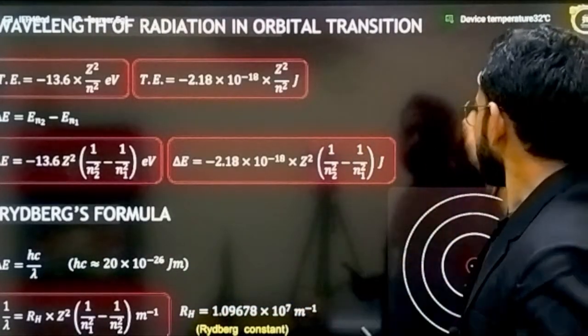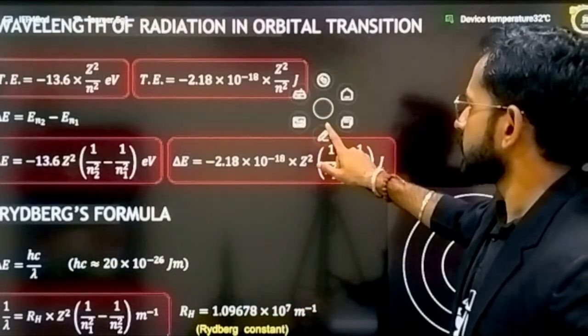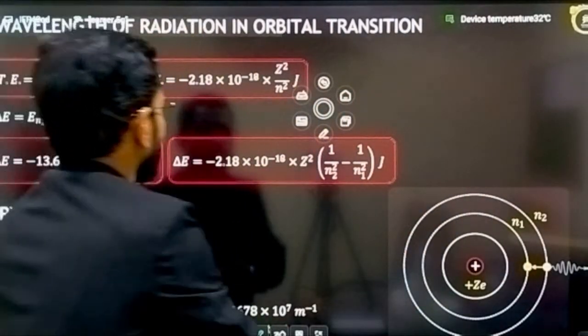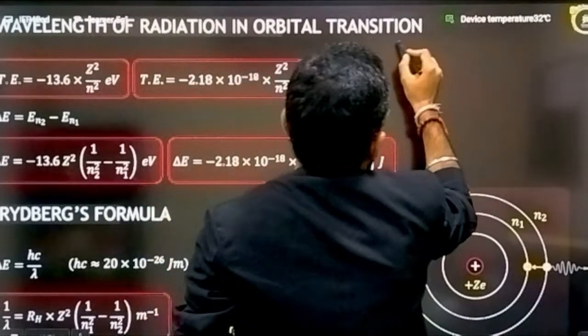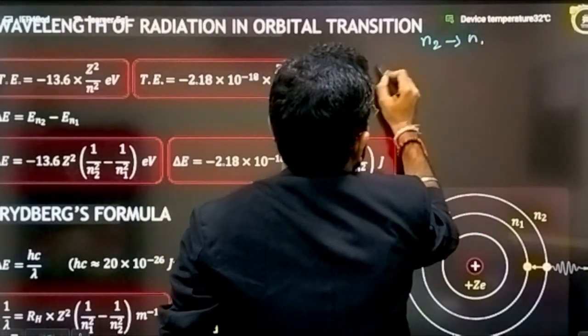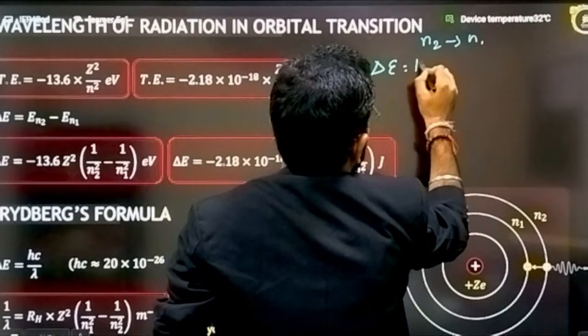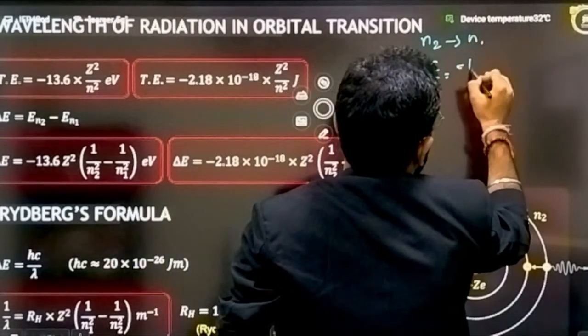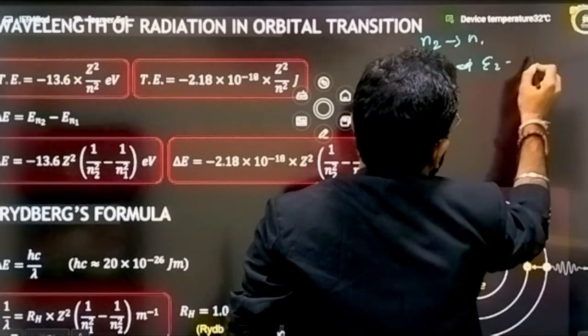Let's see the general equation. Suppose an electron is making a transition from one excited state to another excited state, from n2 to n1. How much energy will be released? That is equal to hc by lambda. It is equal to minus (E2 minus E1).